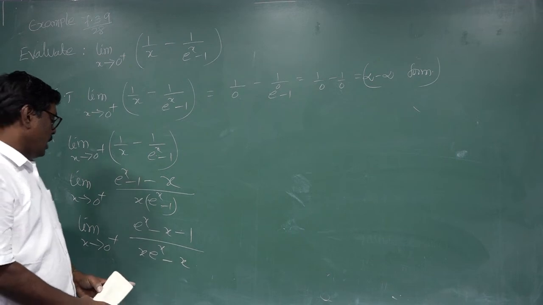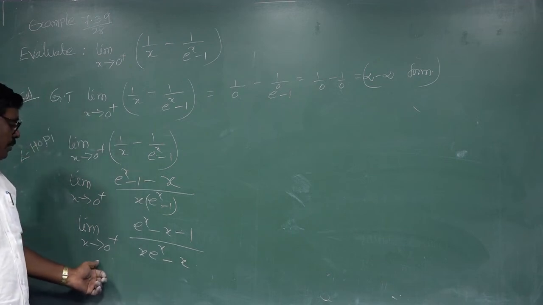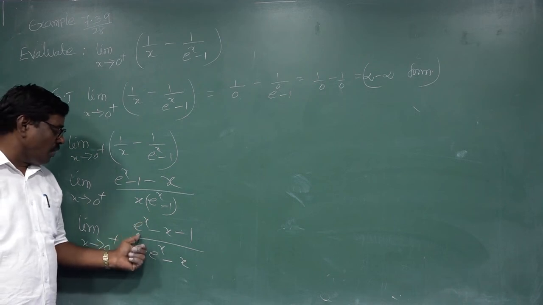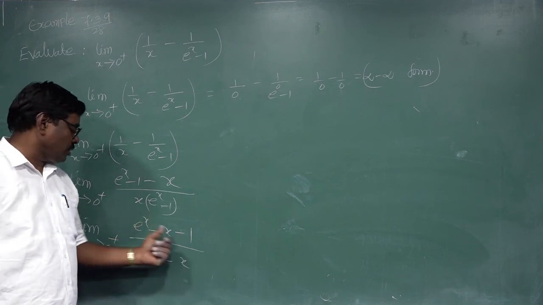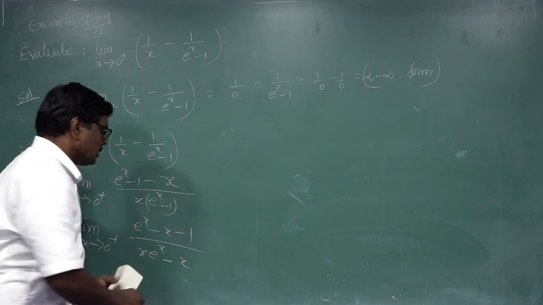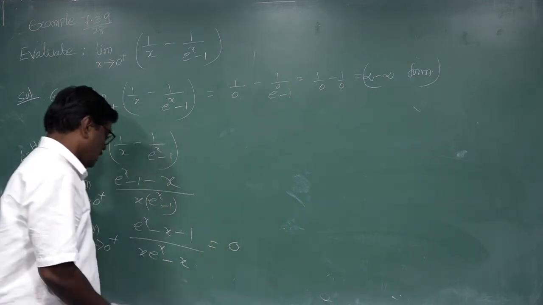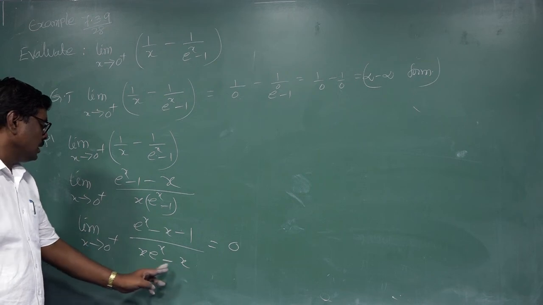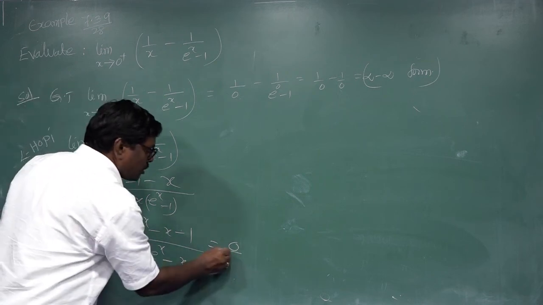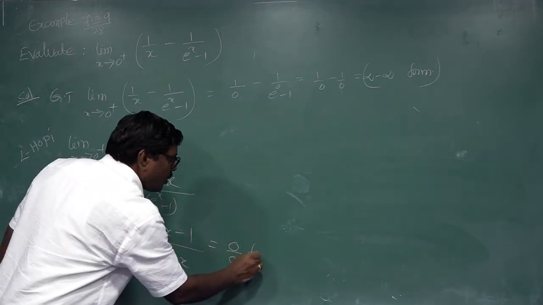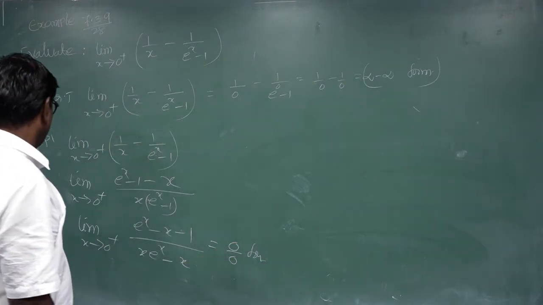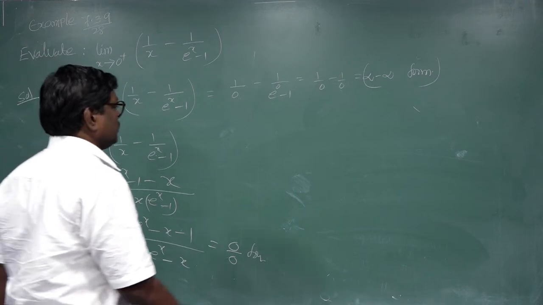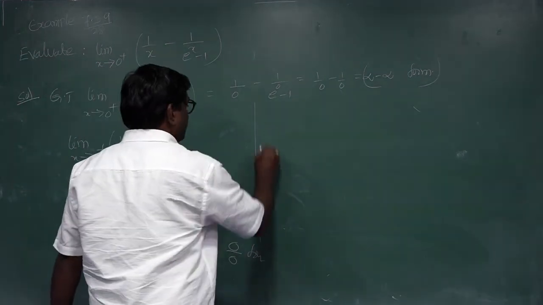Applying x equal to 0: e power of 0 is 1, 1 minus 0 minus 1 is 0, and the denominator is 0 into e power of 0 minus 0, so it is a 0 by 0 form. For 0 by 0 form, use the L'Hospital rule.